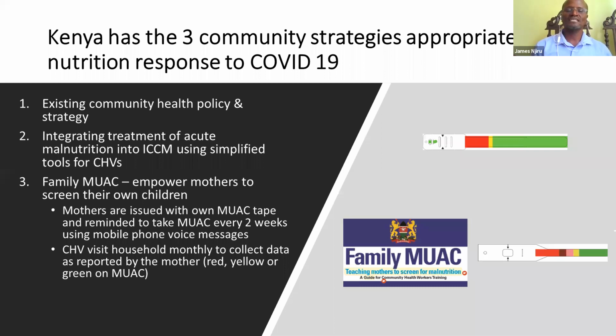So you realize that the family MUAC tool that is in use is a modified tape that is slightly broader than the regular tape. This is designed to improve the accuracy, because we all know that the narrower the tape is, the easier it is to dig into skin, and therefore the broader it is, the less likely it is to dig into skin because of the tension.